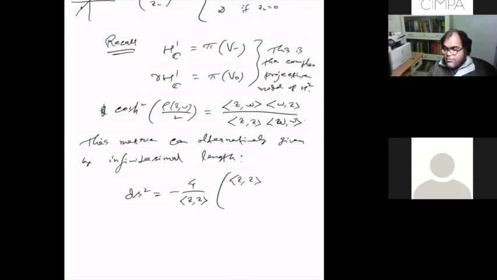Okay, so there will be a determinant somewhere, of ZZ, DZZ.